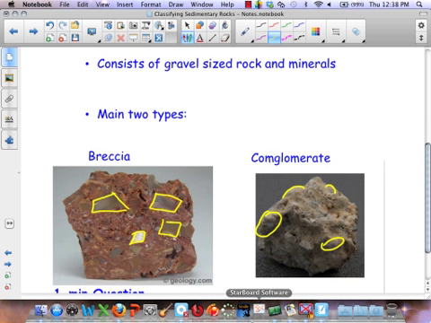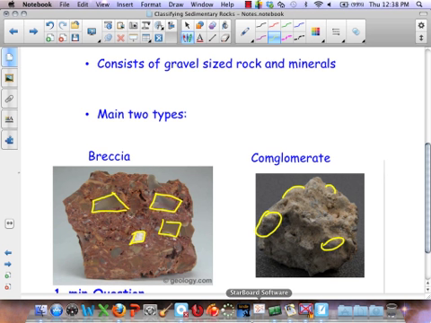So what does that tell you? And of course, that would take time, right? So which one's been rolling longer? The conglomerate. So when we're in areas where we find a lot of conglomerate versus areas where we find a lot of breccia, the biggest difference tells us that the breccia rocks have been spending less time in those environments than the conglomerates.